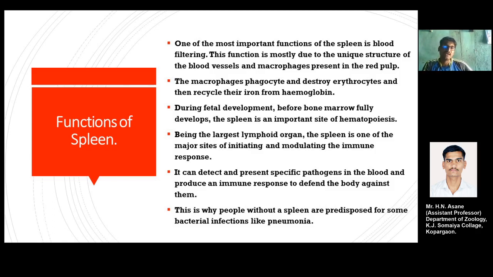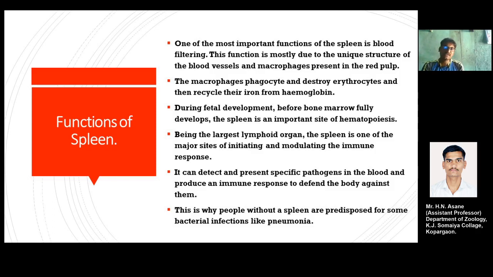So it can detect and present the specific pathogens in the blood, so that the blood supply is given to the spleen, and again collected from the spleen. The humoral responses are given by the spleen, as the spleen contains the T lymphocytes and the B lymphocytes over here. Okay, so they can generate a humoral response, the acute humoral responses.